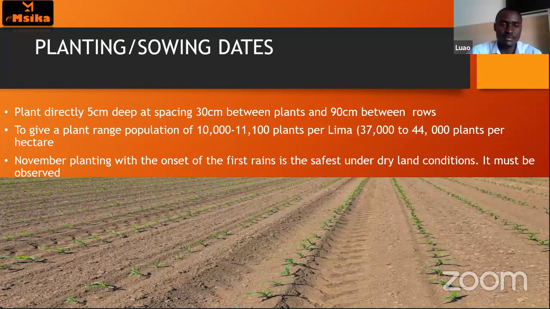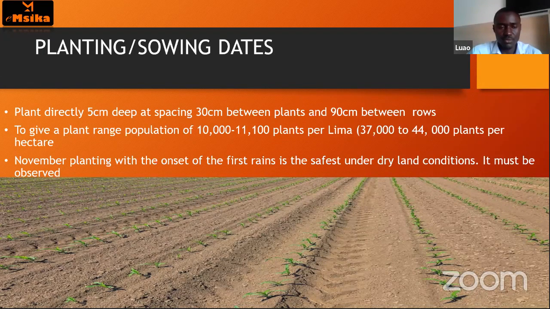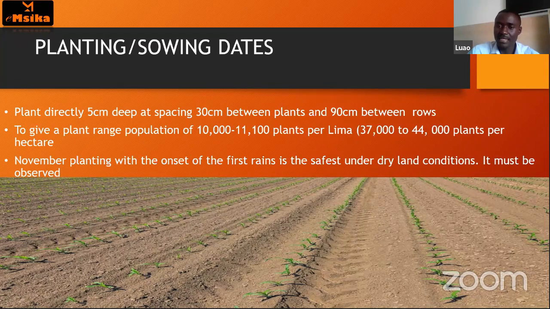So what are the planting dates for maize? We talk about planting dates and also the planting procedures. Plant directly at 5 centimeters deep, and the spacing should be 30 centimeters between plants and 90 centimeters between rows.